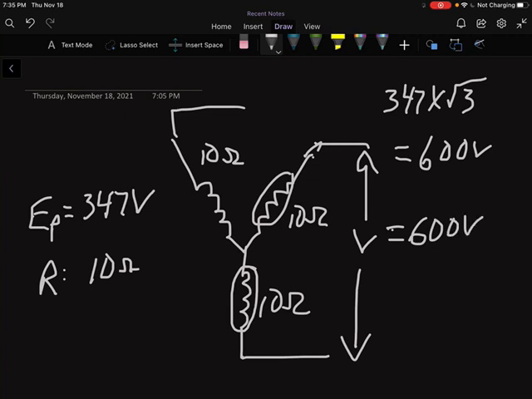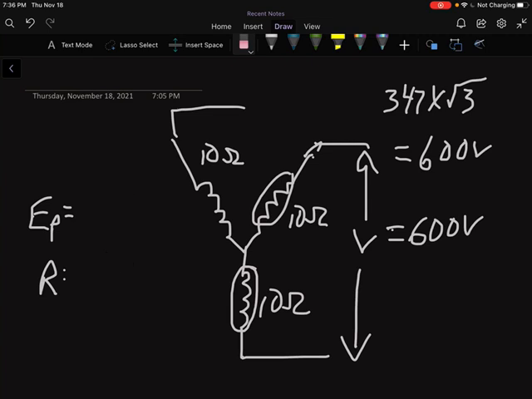And if I wanted to look at my individual phase values, let's say I wanted to calculate my current per phase, I would be doing the math the exact same way I would do a regular series circuit.